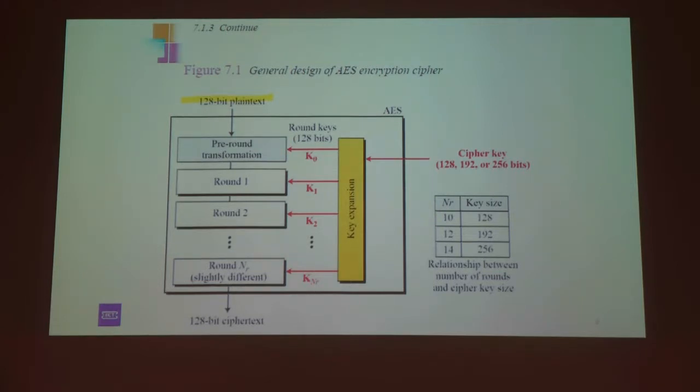We removed the parity bits and had 56 bits. And from the 56 bits, we generated how many keys? 16, each one 48 bits. Remember this from last week? Well, same thing here. We have the main key, 128 bits, and we're going to generate round keys. How many of them are we going to generate?